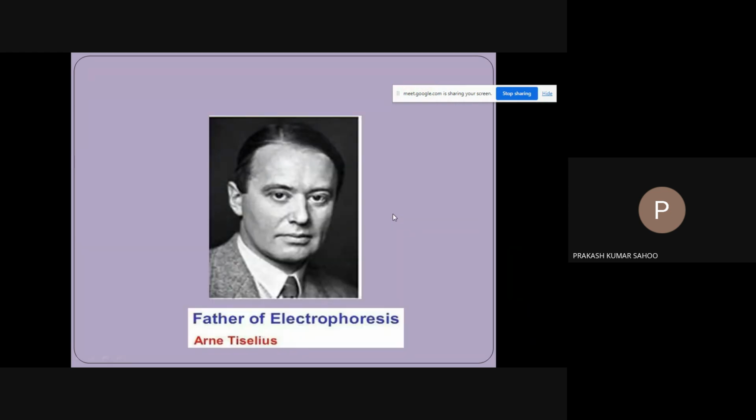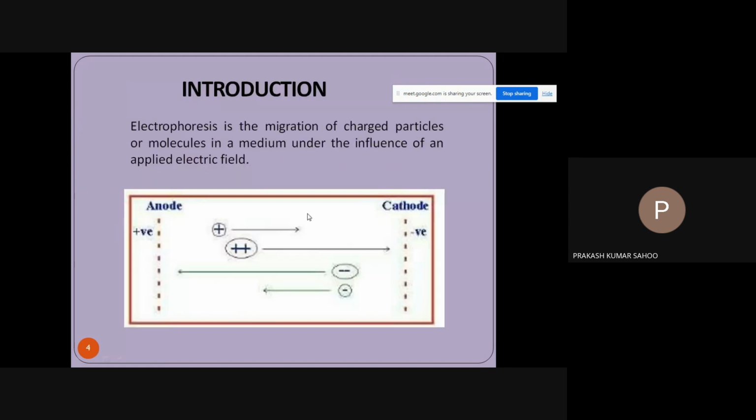He is regarded as the father of electrophoresis. This is Arne Tiselius. So these are my contents. The introduction: electrophoresis is the migration of a charged particle or molecule in a medium under the influence of an applied electric field.